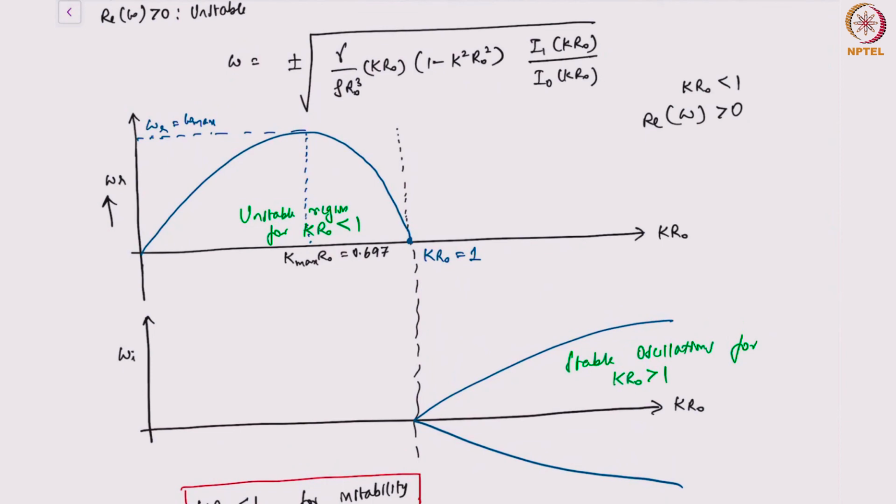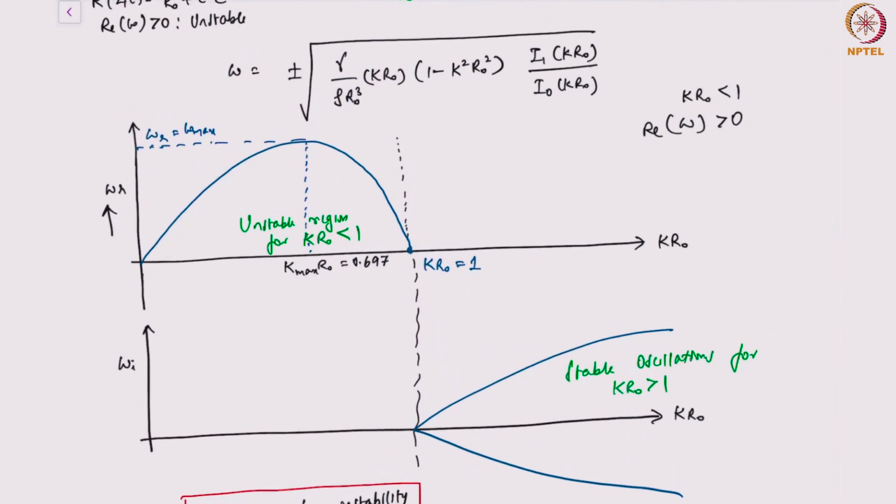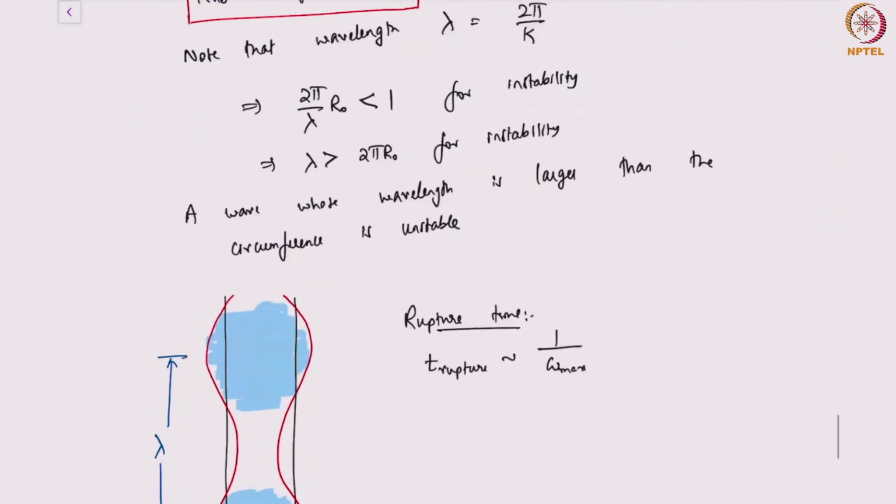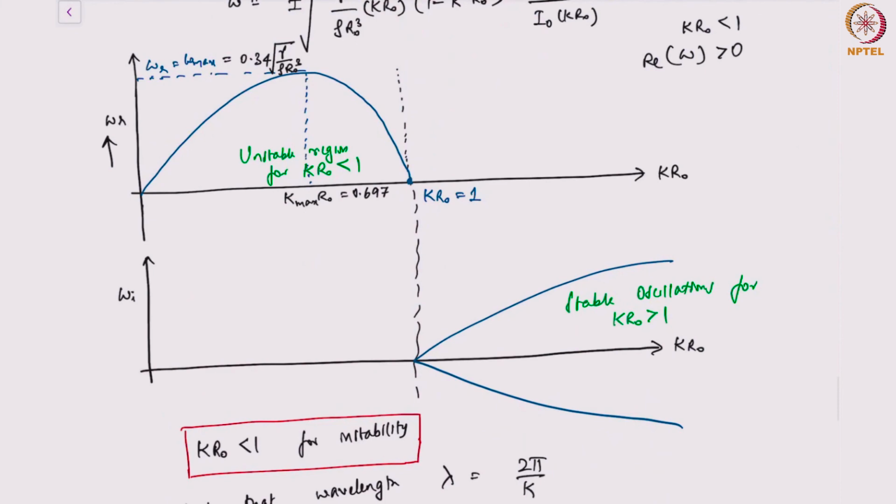The value of the growth rate, if I remember correctly, is something like 0.34 times gamma by rho r naught cube. So all I'm doing is substituting that most dangerous mode value.